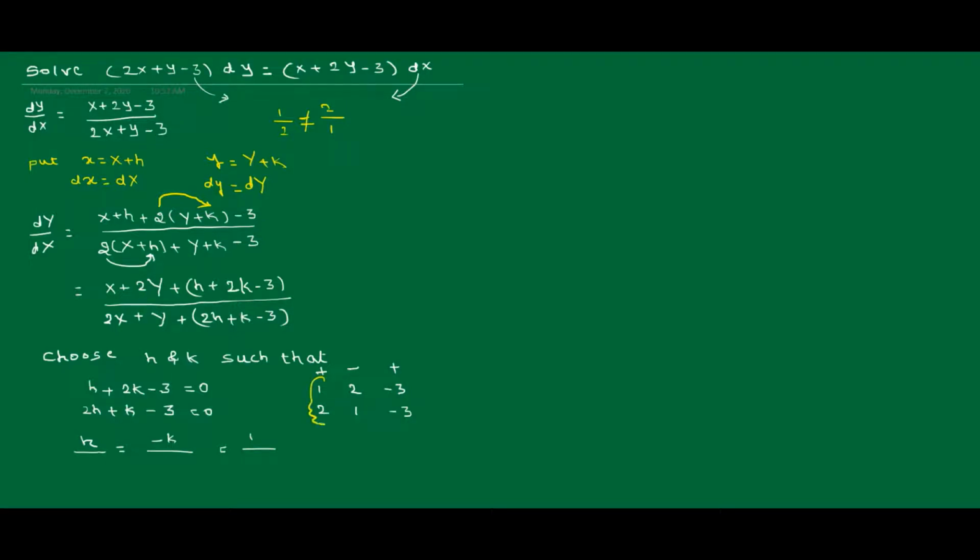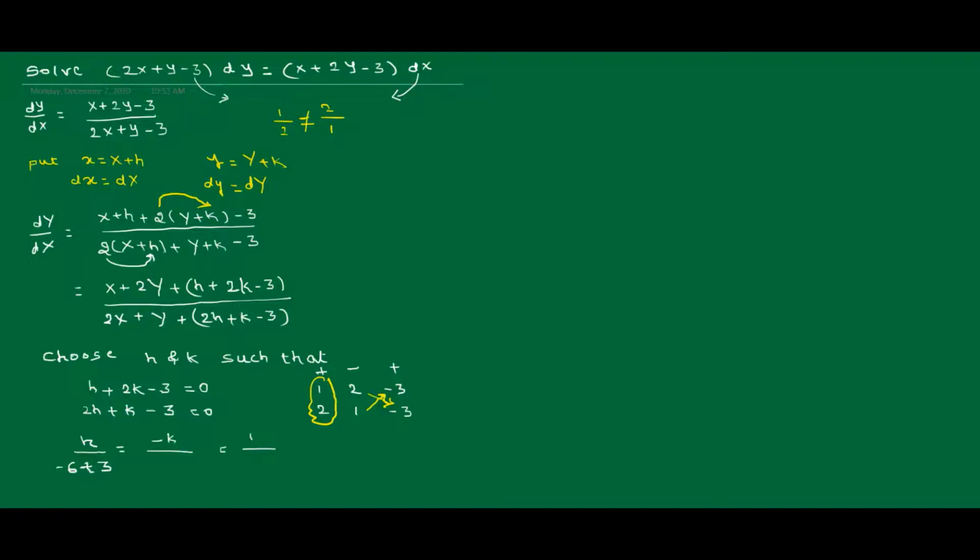Now to find the value for h, leave the first column and use cross multiplication: 2 into minus 3 is equal to minus 6. Next, minus 1 into minus 3; 1 into minus 3 is minus 3, and with the minus sign, the total is plus 3.